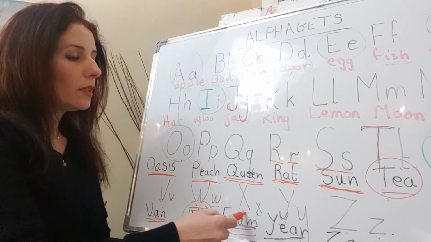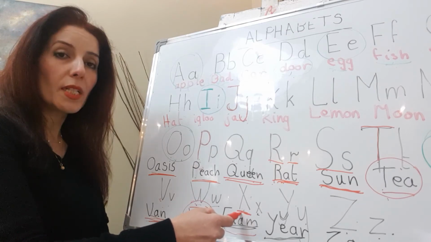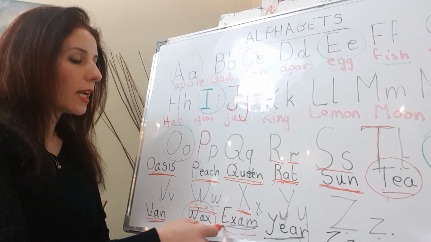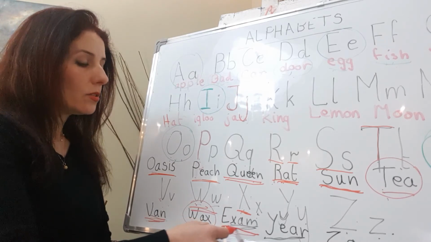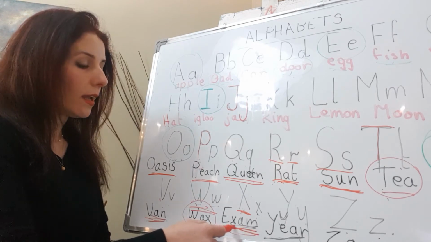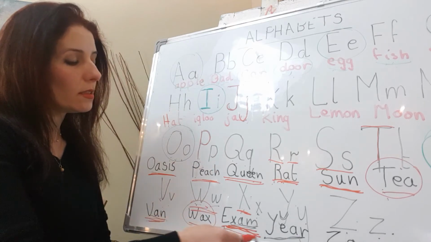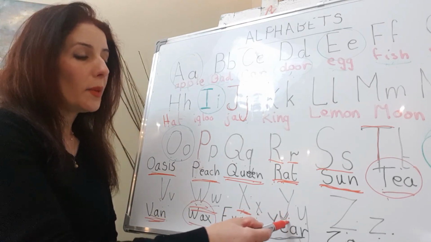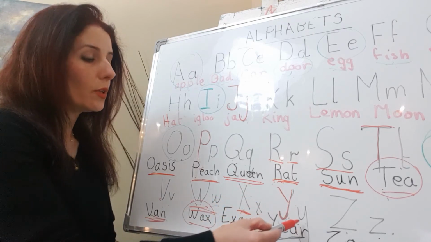And this one, X, the capital letter and the small letter, and it is like ek, as in exam, exam. So X, ek, zam, za, ek, zu. So it is the coding. So here it is Y. This is the capital letter like this, and this is the small letter too.